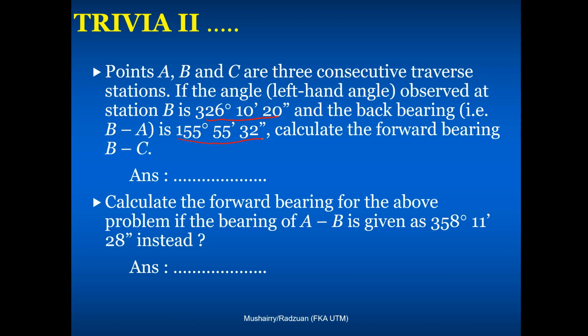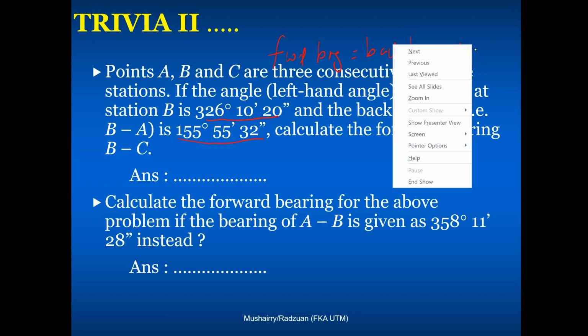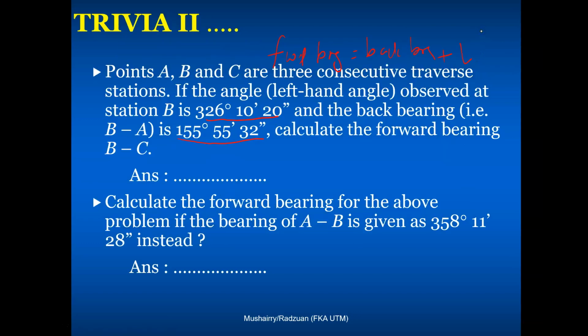So we know that the forward bearing is always equal to the back bearing plus the left-hand angle.